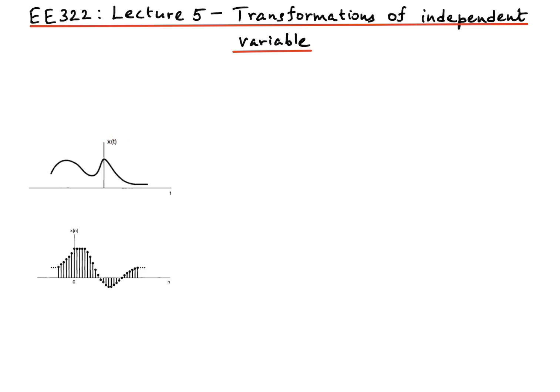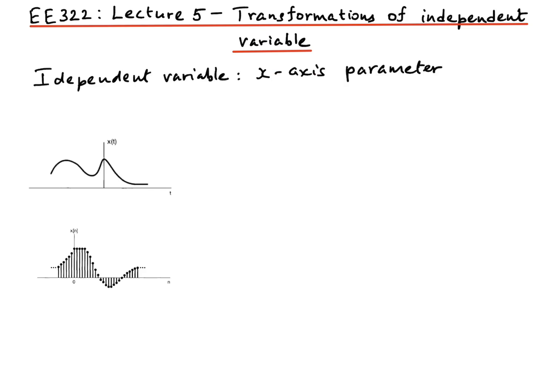Similarly, in the discrete case, the index n that we have on the x-axis is our independent variable, and the function that we have on the y-axis is our dependent variable. So in general, the independent variable is the parameter that lies on the x-axis, and the dependent variable is the parameter that lies on the y-axis.